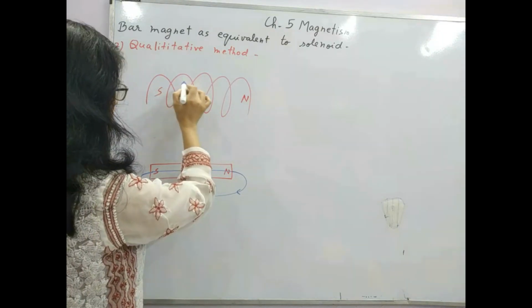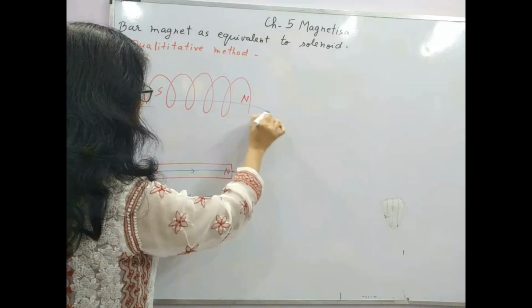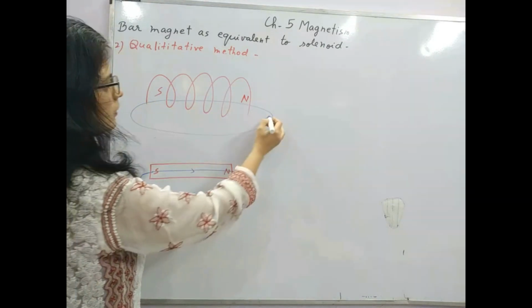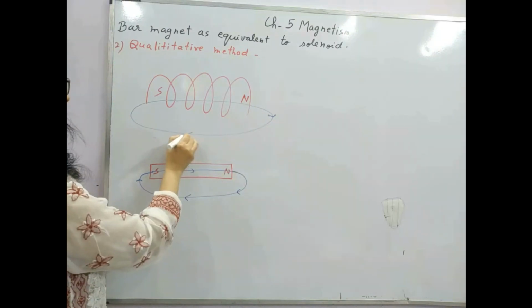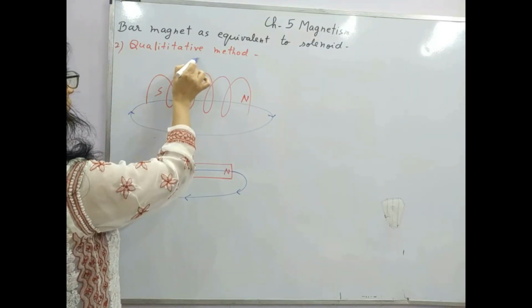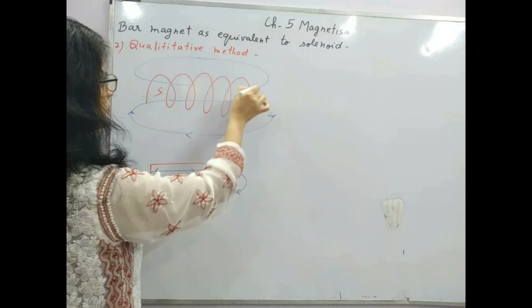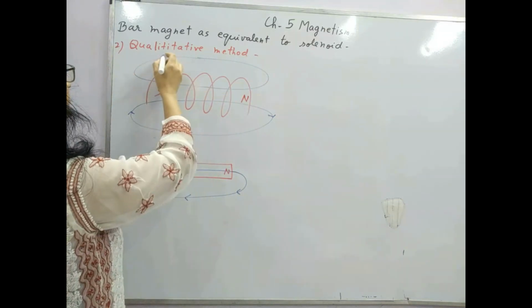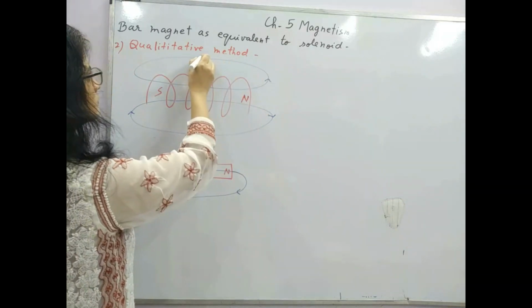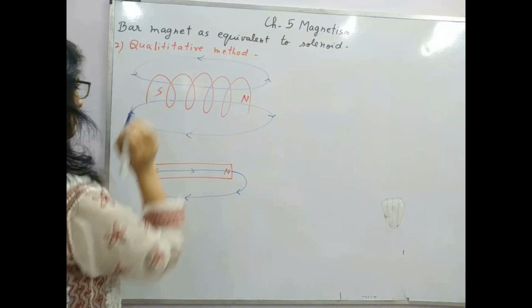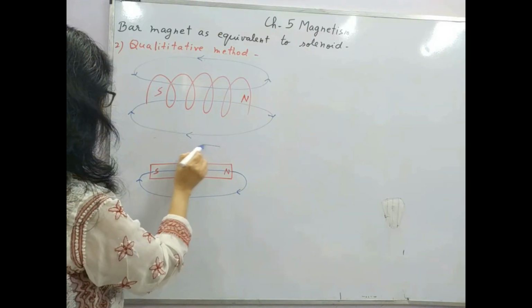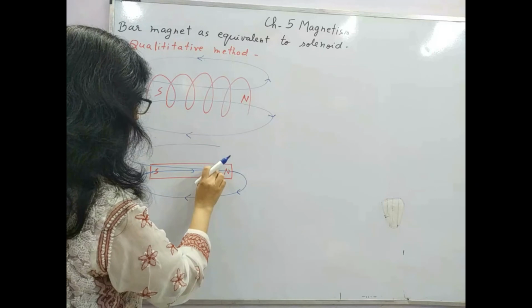So similarly here also. So north is the starting point in case of solenoid also. If I draw here also, this will be this way only, right? Similarly, I can draw for this side also.